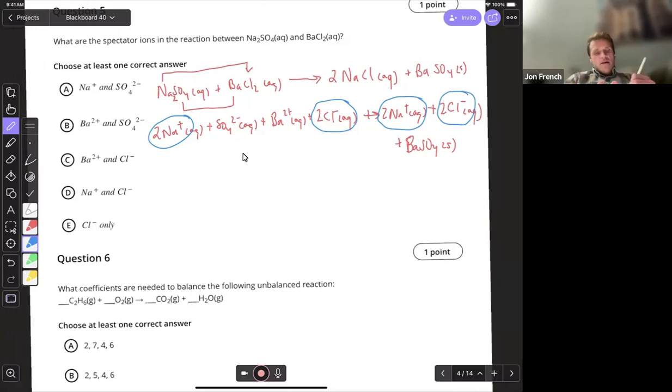So our spectator ions in this reaction are sodium and chloride. Can't be this because barium sulfate's what's precipitated. Can't be anything with sulfate, can't be anything with barium. So it's choice D. The sodium and chloride are our spectator ions. They went through the reaction unchanged. Did not participate in the reaction.